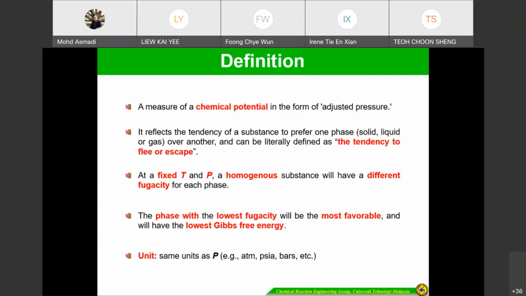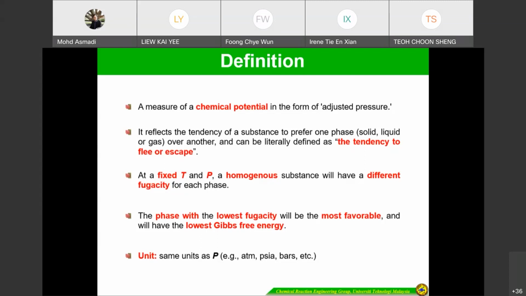The phase with the lowest fugacity will be the most favorable and will have the lower Gibbs free energy. Generally chemical potential moves from the higher chemical potential to the lower chemical potential.